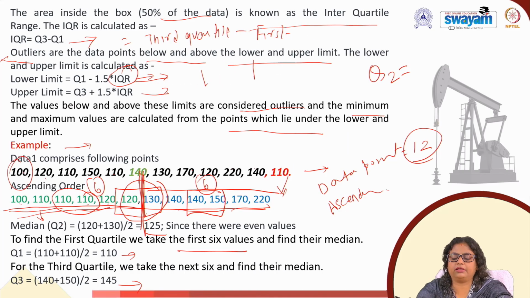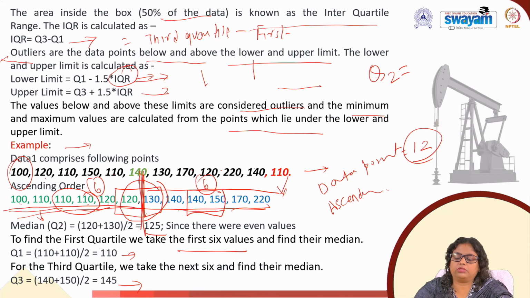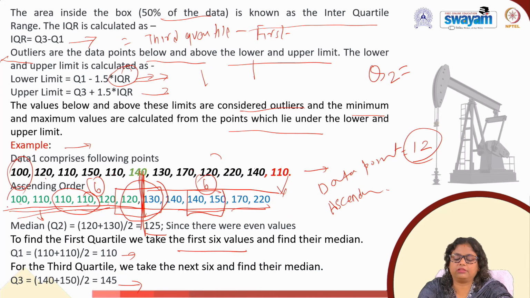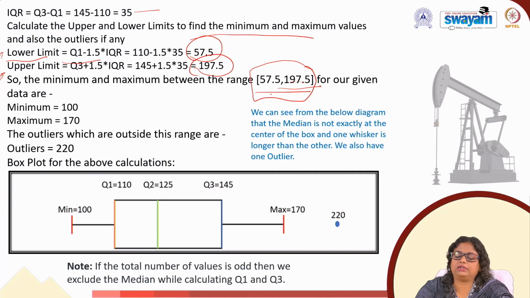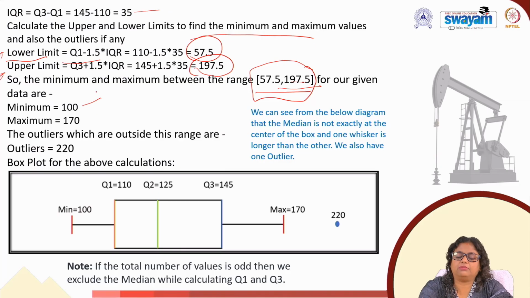You have 100. And what is the upper limit? 197.5. The value before that, within the range, is 170. So the minimum is 100 and the maximum is 170.